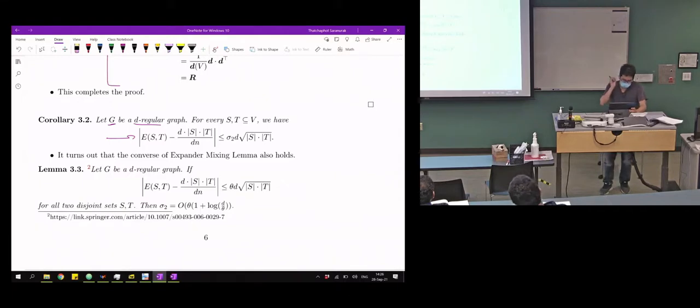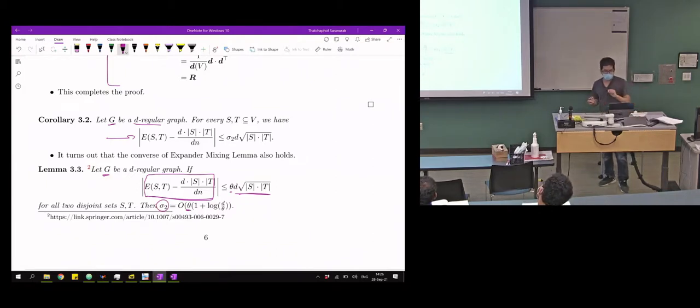And it turns out that the converse also holds: for any regular graph G, if these two things are close to each other within this factor times theta, then sigma 2 will be basically theta 2.